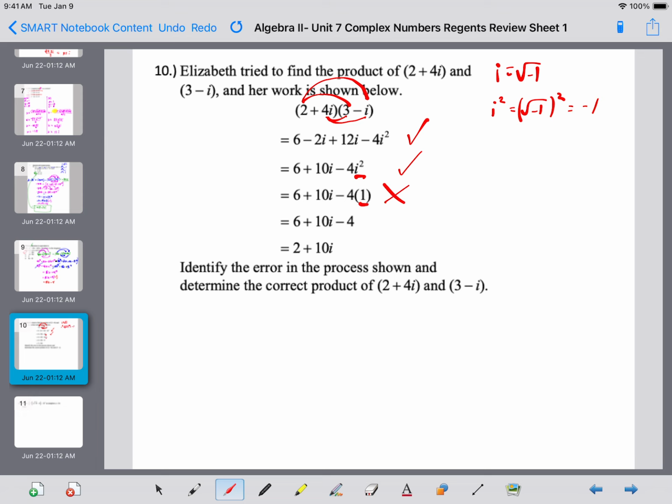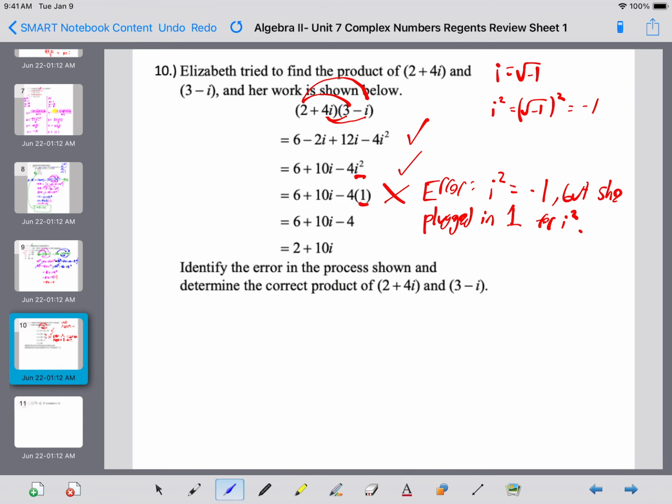No. So the error is i squared equals negative 1, but Elizabeth plugged in positive 1 for i squared.